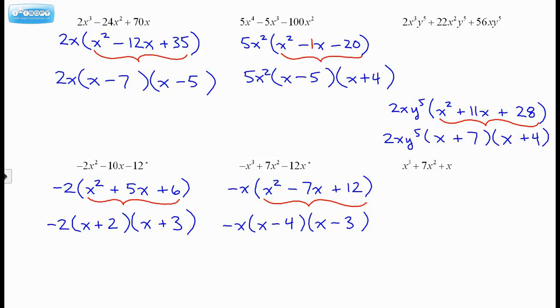And lastly, look for a GCF. I can factor out an x, which leaves x squared plus 7x plus 1. Okay, and now we want to factor that trinomial.